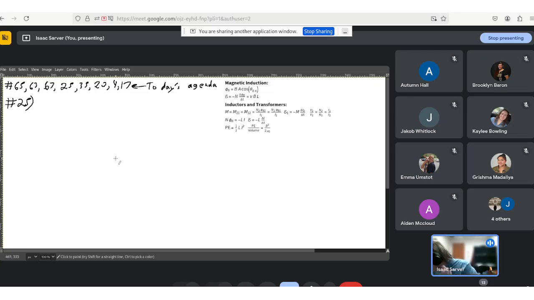So we have a copper rod sliding on two conducting rails that make an angle of 19 degrees with respect to each other, as in the drawing. Let me draw an angle.